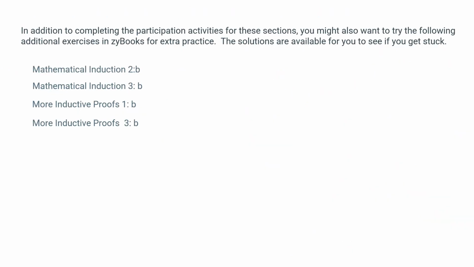Okay, so those are all of the proofs that I wanted to go over for you. In addition to the problems that you have in your assignment for these sections, I would suggest, if you want a little extra practice, to work some of these additional assignments. These are the extra exercises at the end of each section, and these are ones that I've opened up the solutions for.